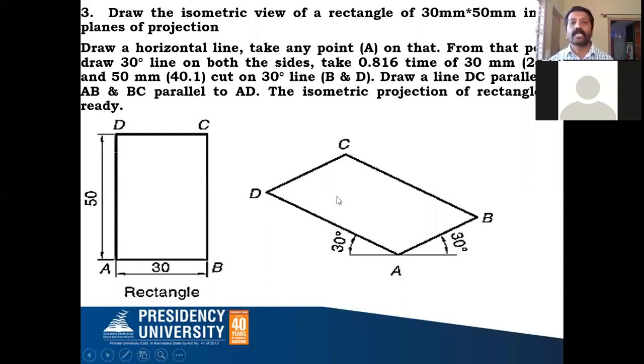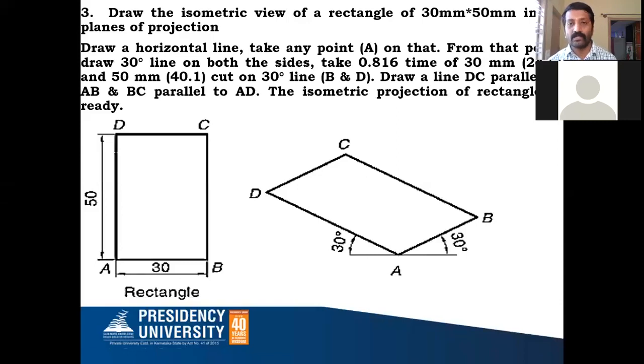Now, to get C, from D you draw a parallel line to AB, or a 30-degree line from D. Similarly, from B you draw a parallel line to AD, or a 30-degree line on the left side. Wherever these two lines intersect, call that C, and join all these 4 points with a thick line. Your rectangle in isometric position is ready in this method.